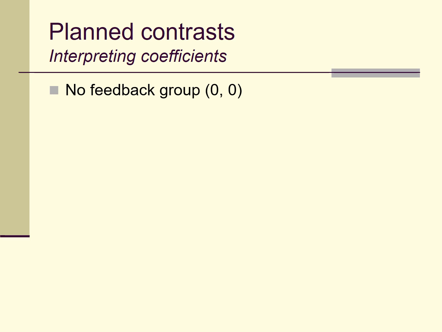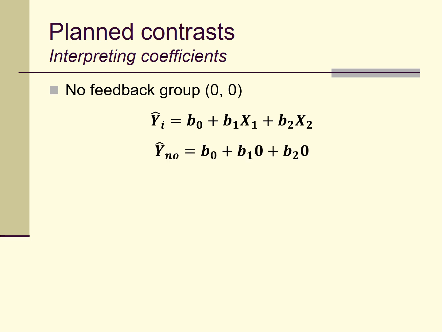So this time around, I'm going to start with the code 0, 0. Previously, 0, 0 didn't correspond to any group, so rather it corresponded to the overall sample. Here, in dummy coding, 0, 0 corresponds to a specific group, the no feedback group. So when I substitute in 0, 0, I'm not looking at a prediction for the overall group, I'm looking at a prediction for those folks in the no feedback group, because they're my baseline or my reference.